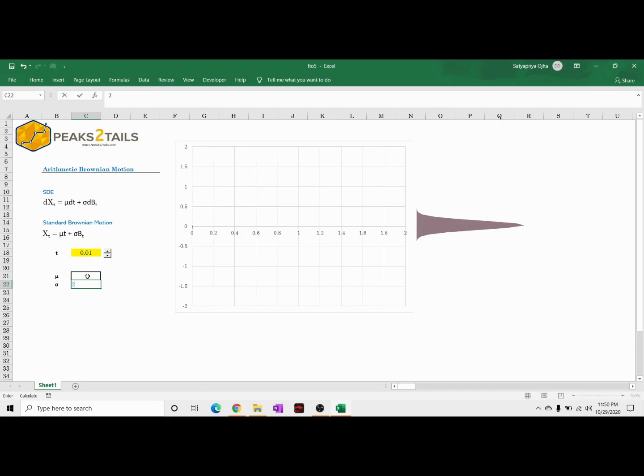Let's increase the sigma a little bit, so you can see higher dispersion. So it diffuses faster. Similarly, you can have a lower sigma. Right, so this visual was to give you an idea of how the distribution and the path look with various choices of the parameters, mu and sigma.